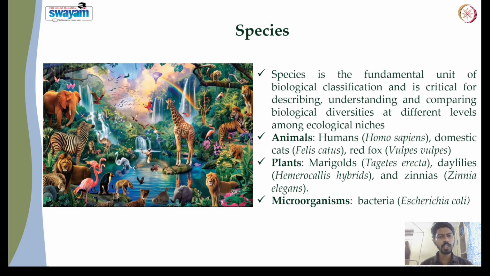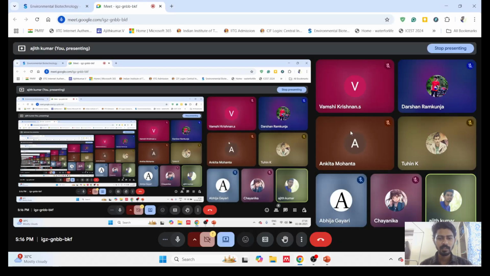Before moving on to that, can anyone tell what is the difference between biotic and abiotic components in an ecosystem? What does it really mean? Biotic refers to what, and abiotic refers to what?